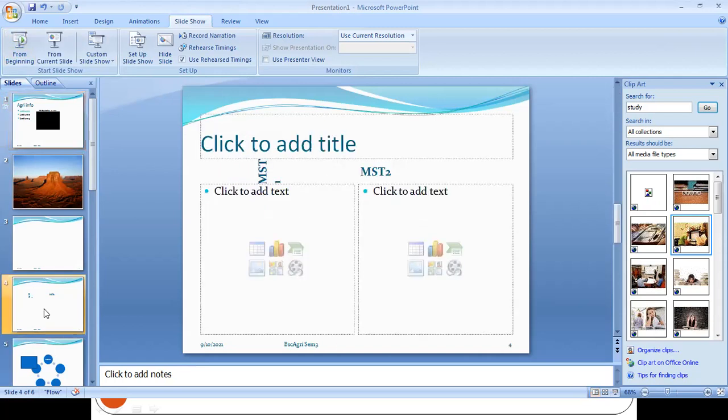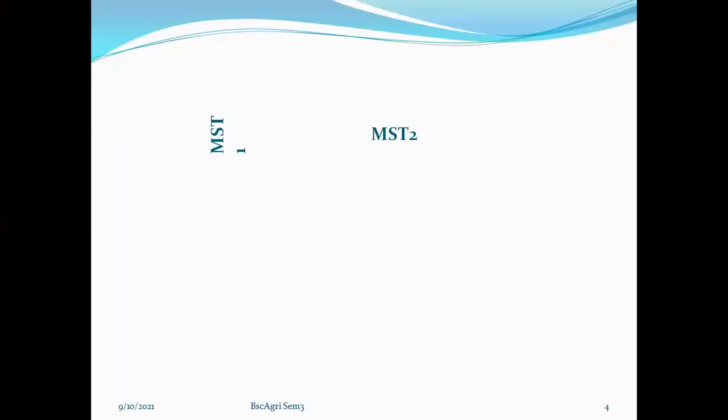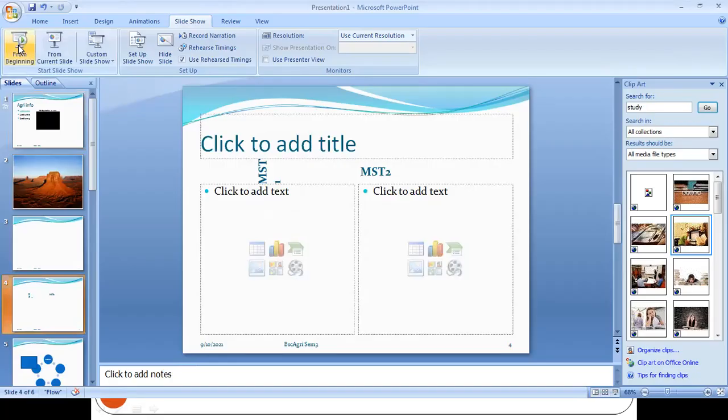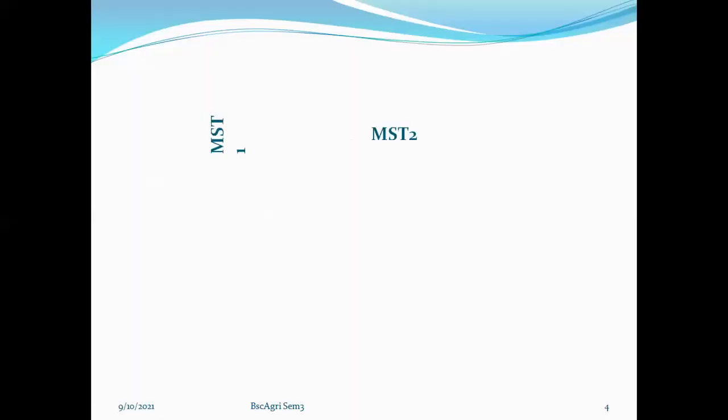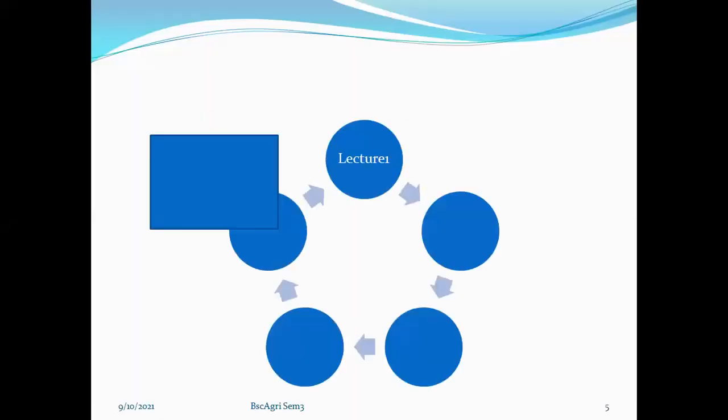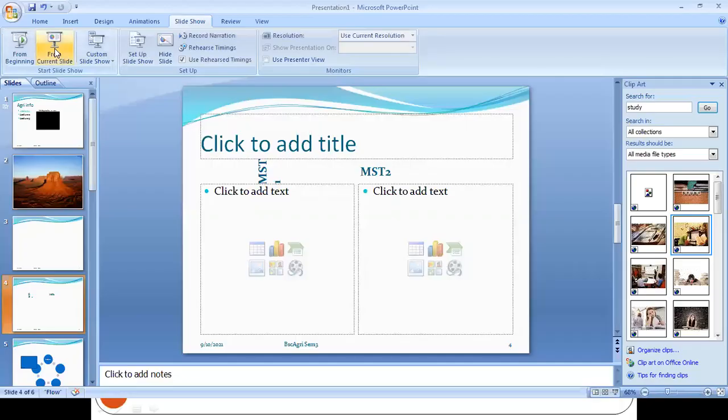Suppose I am at slide number 4 and I say from beginning, my presentation will start from slide number 1. But if I say from current slide, wherever I am, as I am in slide number 4, my presentation will begin from that particular slide.